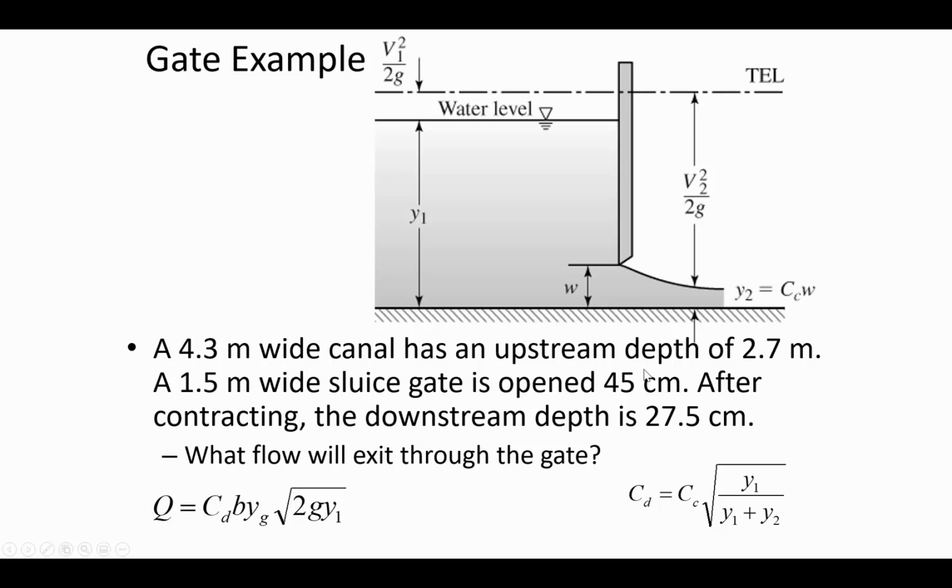So 45 centimeters. And then after contracting, here at this location, the downstream depth is 27.5 centimeters. So what I'd like you to do is calculate, first of all, the coefficient of contraction. Then when you have the coefficient of contraction, you can determine C sub D, the discharge coefficient, and then substitute all of that here into the orifice equation to find out what's going to be the flow going down under the gate in this situation.